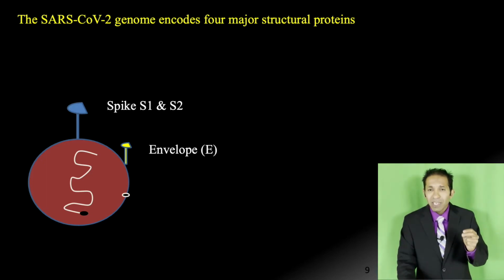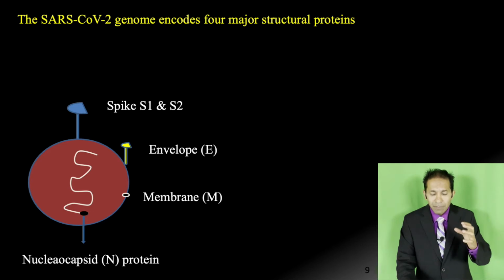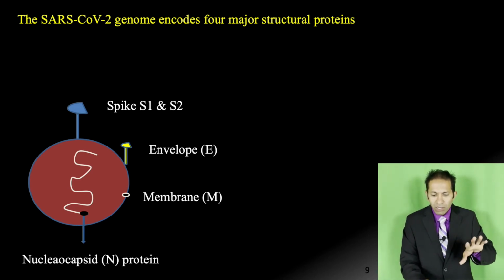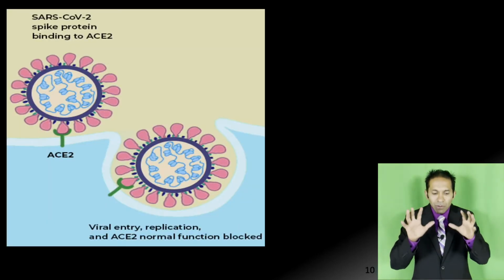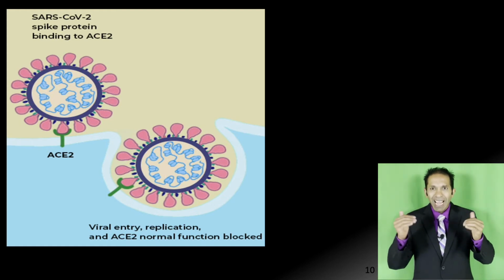The second protein is envelope protein. The third protein is membrane protein. And the fourth is nucleocapsid protein. Out of these 4 proteins, I'm going to focus on spike protein in the next couple of minutes. Okay, we are not going to talk about envelope, membrane or nucleocapsid protein.